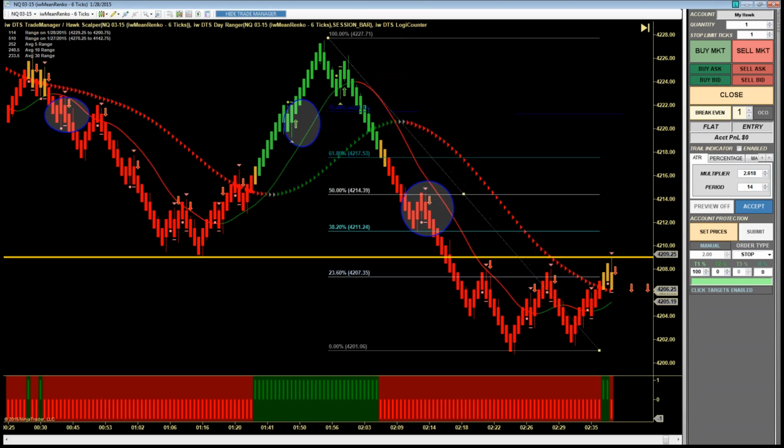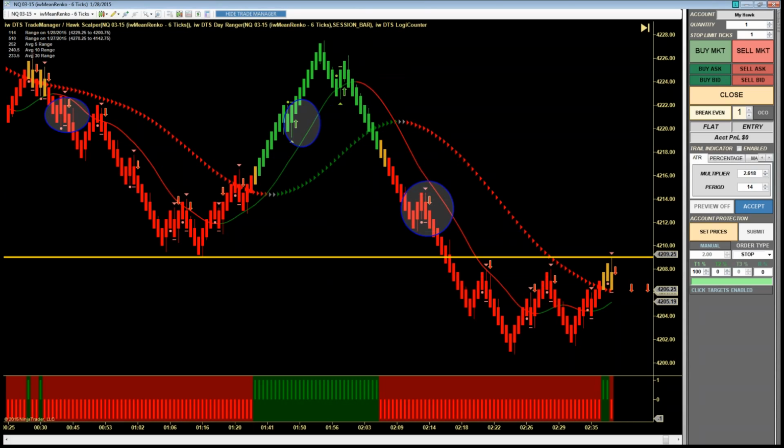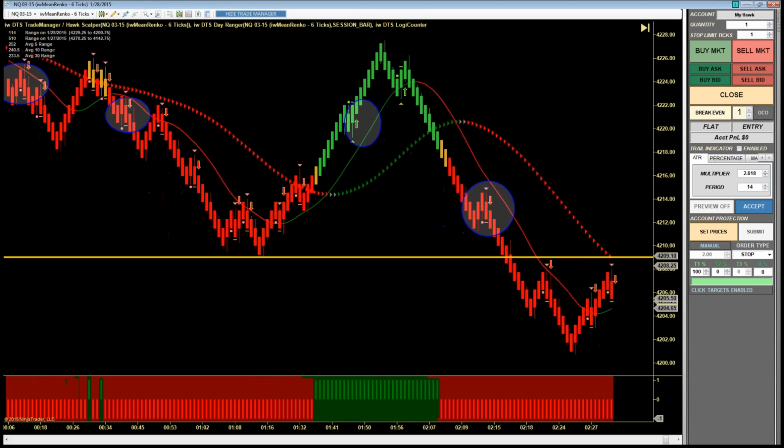And I'm not knocking fib levels. If you like watching fib levels, great. If it helps you make a trading decision, fantastic. But don't think for a moment that just because the market went from here to here, it has to retrace back to here, to the 50%, or the 62, or the 38, or the 76. The market does not have to do anything, right? We're dealing with the future.